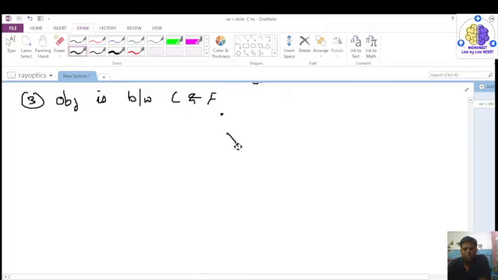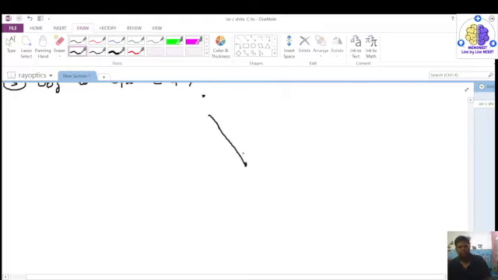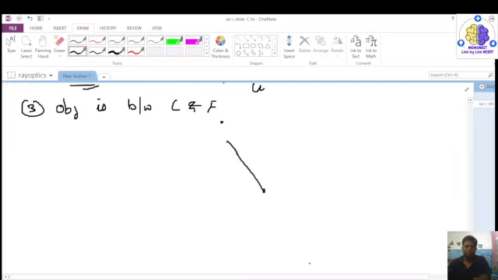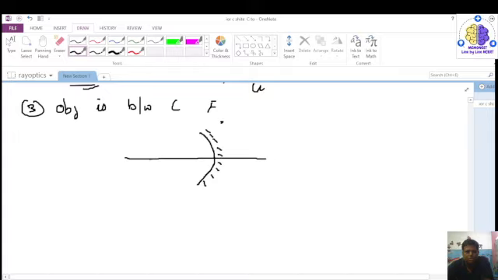So this is a concave mirror, right? This is the principal axis. This is the center of curvature.